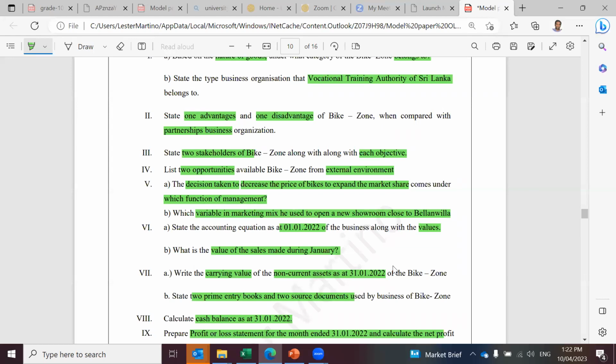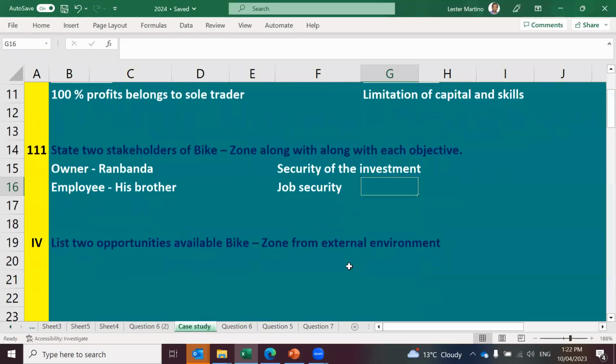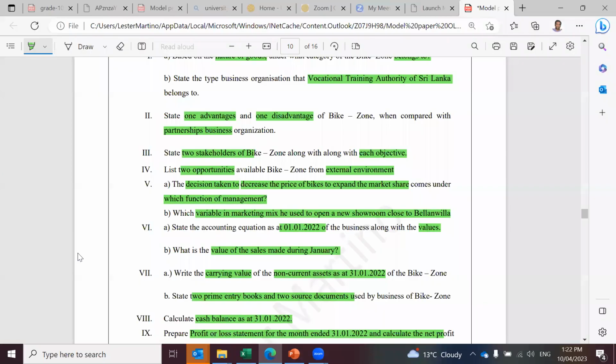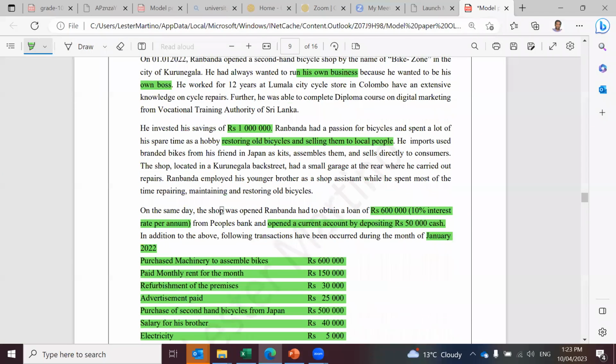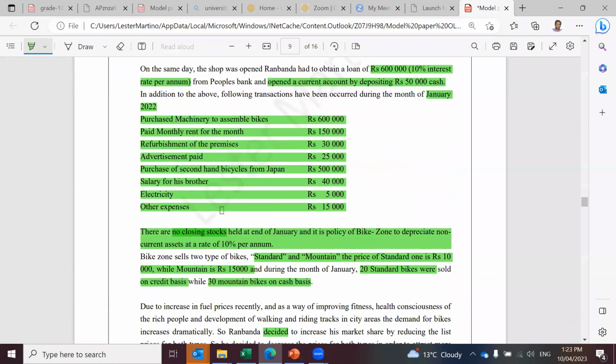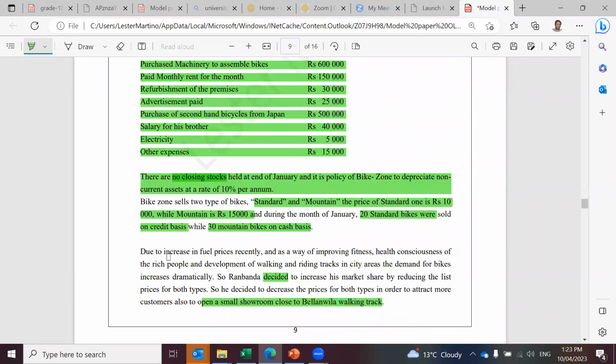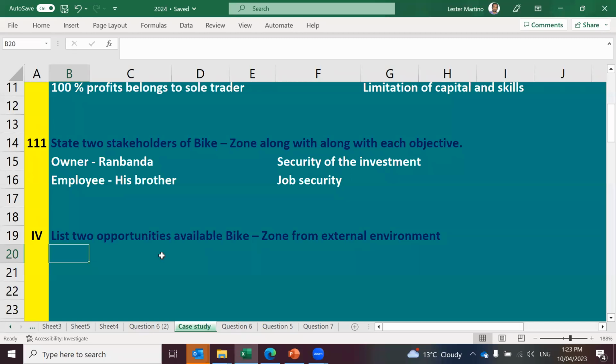2 opportunities. Any opportunities available from the outside market? Increase in fuel price.